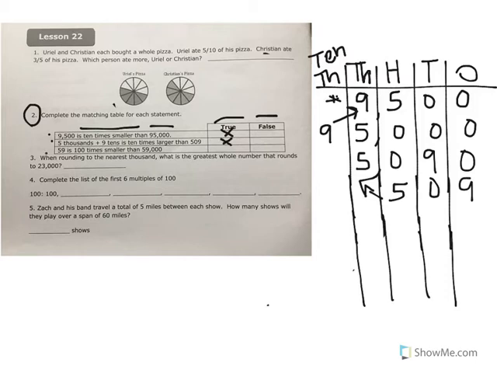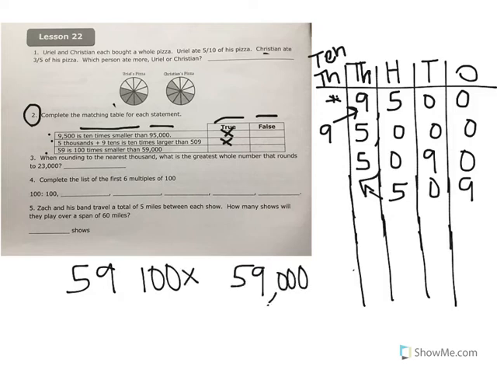And now let's look at the third one. 59 is 100 times smaller than 59,000. So again, we're going to go ahead and put that in the place value chart. 59,000 and then 59. So 100 times smaller, that would mean that we would shift it 2 times to the right. So once and then twice again.